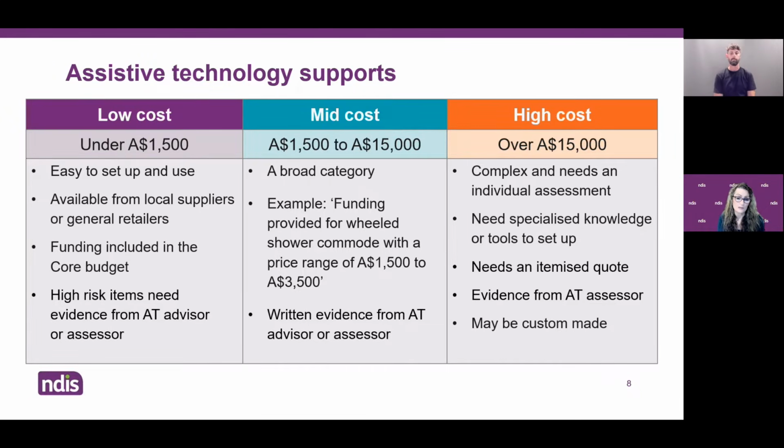The capital section of a participant's plan shows their high cost AT. It may specify the type of AT they need to buy and may also say quote required. Some examples include a wheeled, custom-made wheelchair for the participant, some complex communication devices, and many prosthetics.